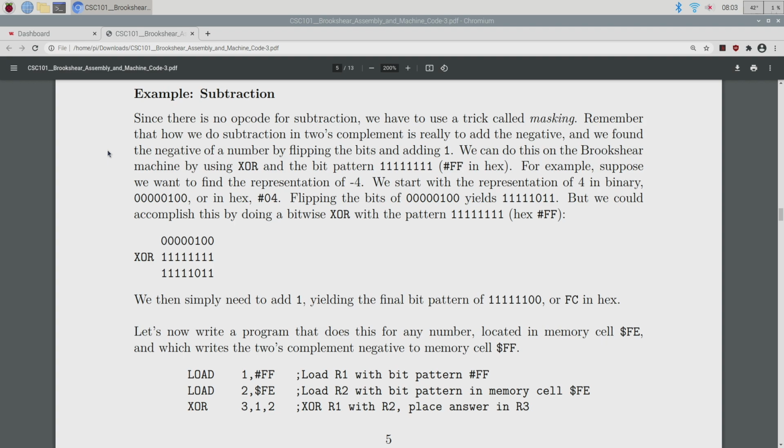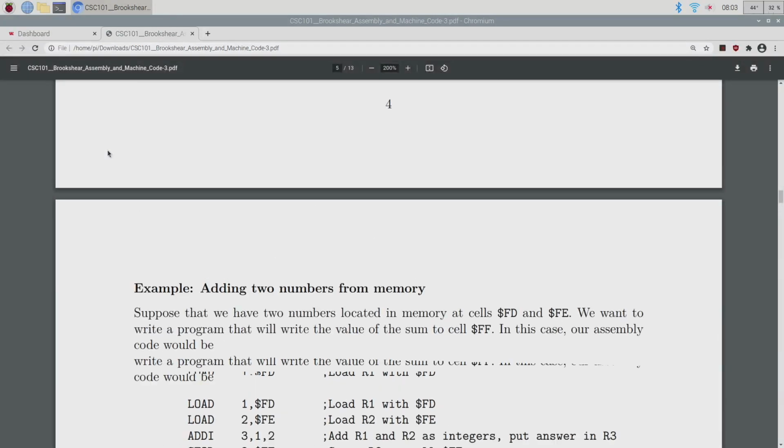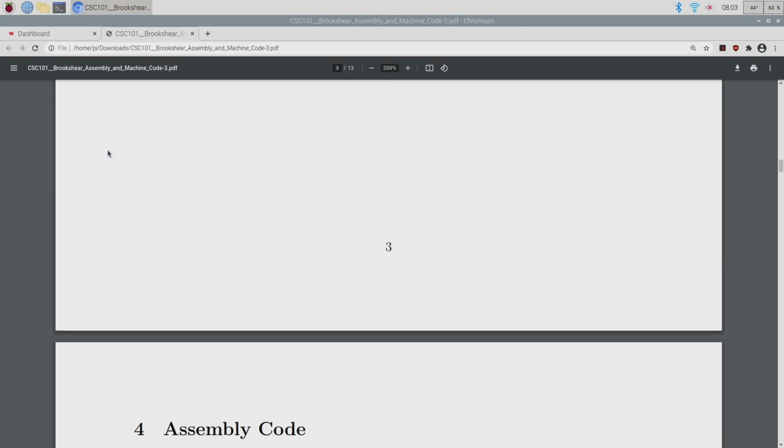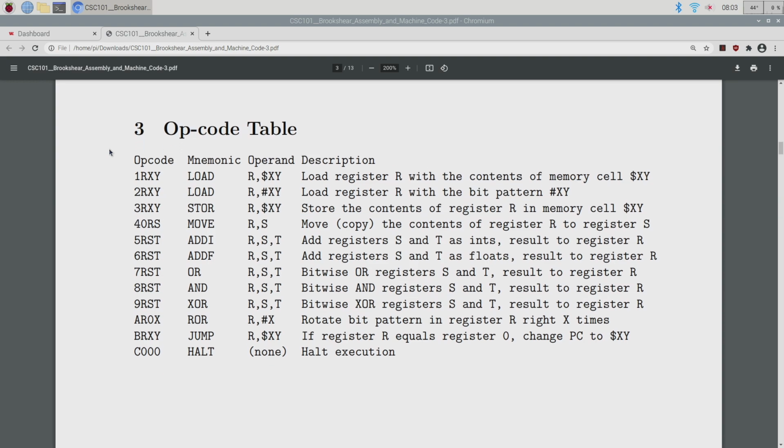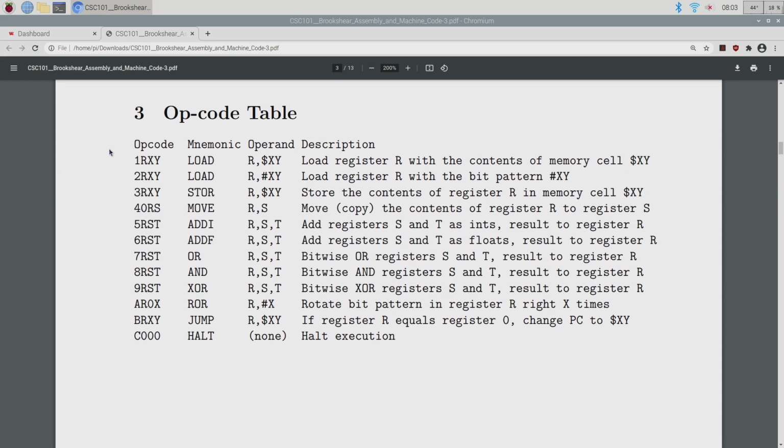So that's not going to be hard. The flipping the bits part, however, is the question, because how do we do that using only those 12 operations? None of them say flip the bits.